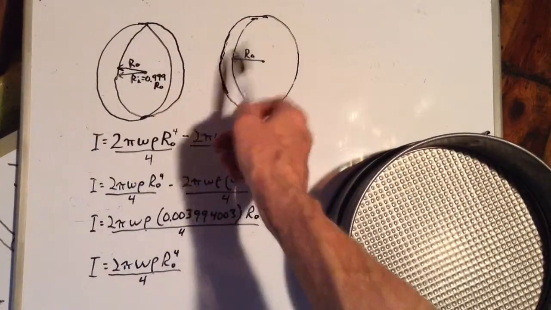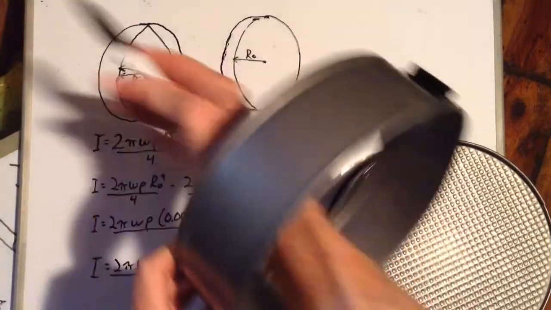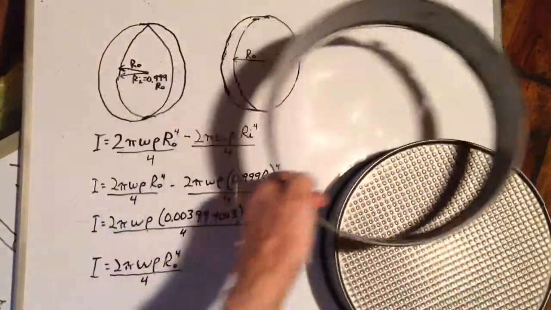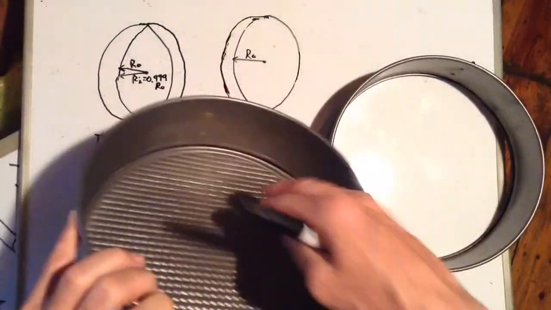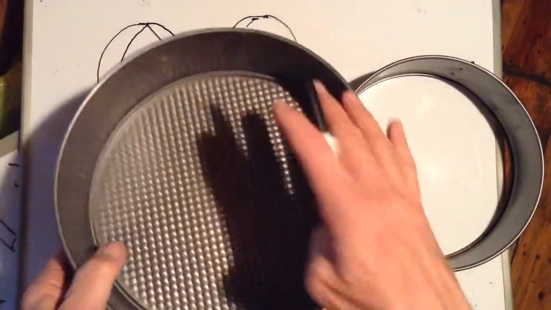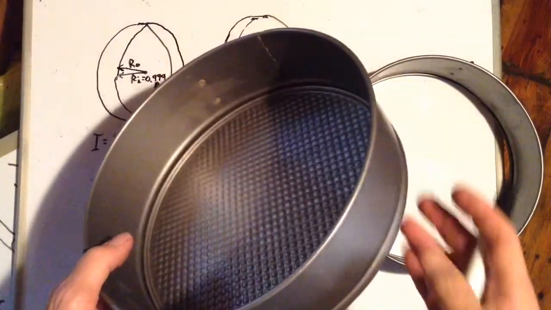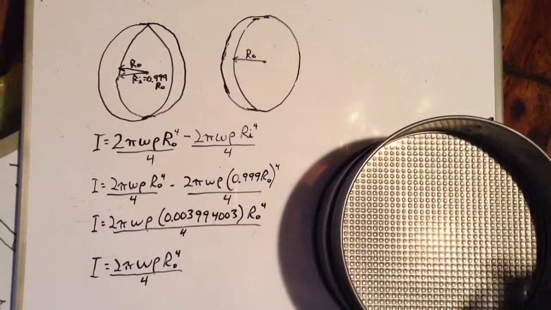This is our ring, this is our disk. This ring's kind of like this ring, nothing in the middle. This disc is kind of like this, something in the middle. Of course, it's not empty like this empty pie pan is. It'd be sort of like being full of cheesecake. Solid all throughout it.